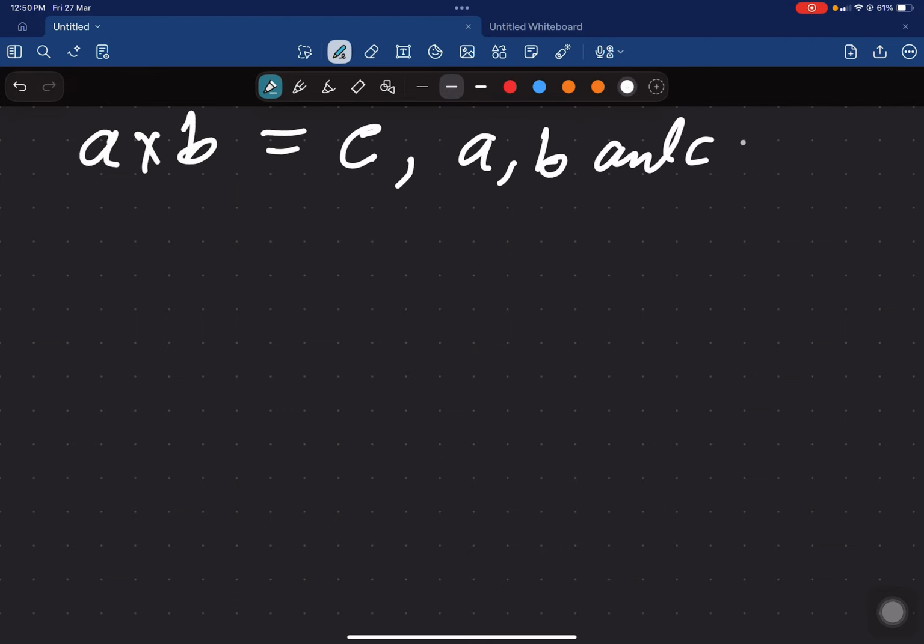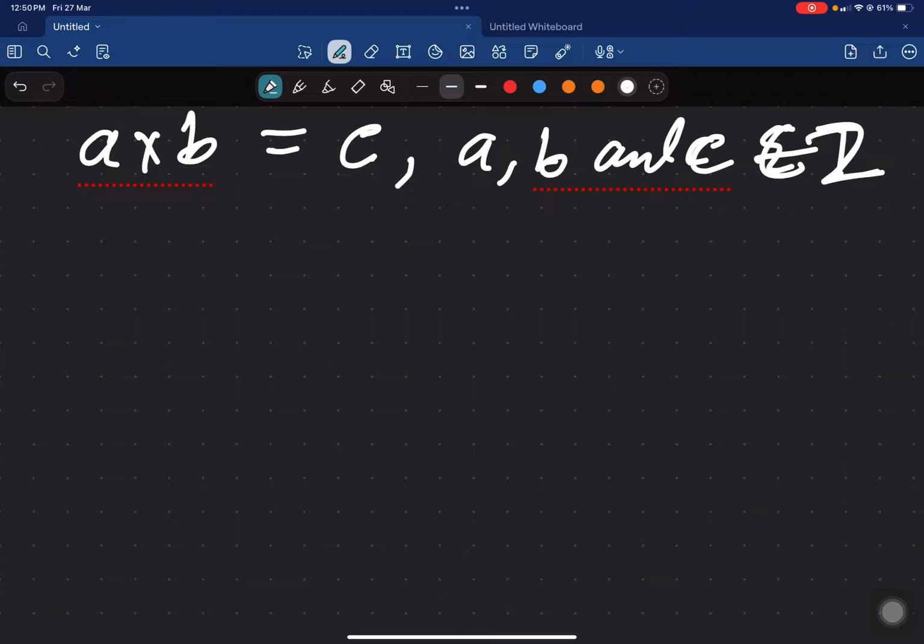So a times b should give us a result c, where a, b, and c all belong to the set of integers, so capital Z. This is what the closure property of multiplication is on the set of integers. It can be more: if it is 4 integers and you multiply, you should get a result which is also an integer.